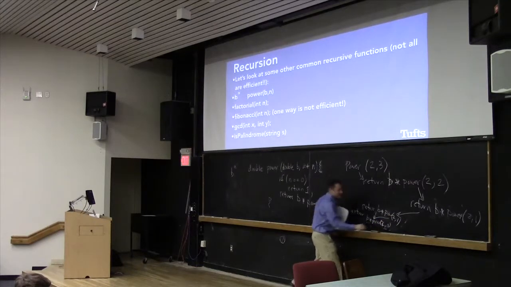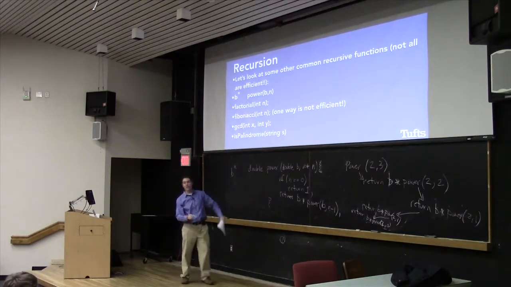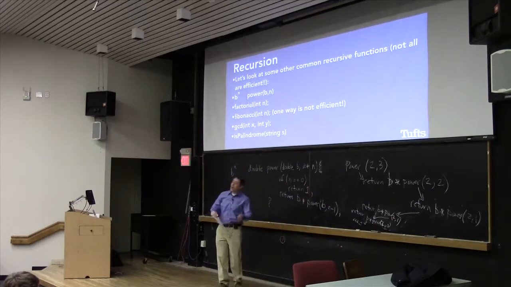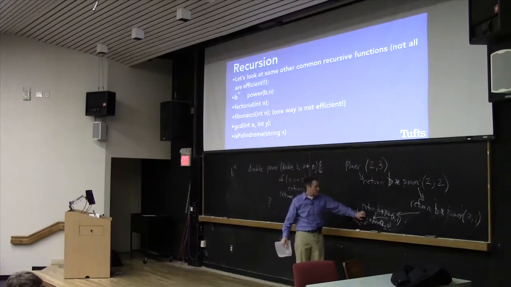And then this one, I'm running out of board space, is going to return b times power of 2, 0. And then that one says, oh, I'm 0, returns 1. So this final one is going to return 1. Let's go backwards now. This one returns 1. This one returns b times 1, which in this case is 2.